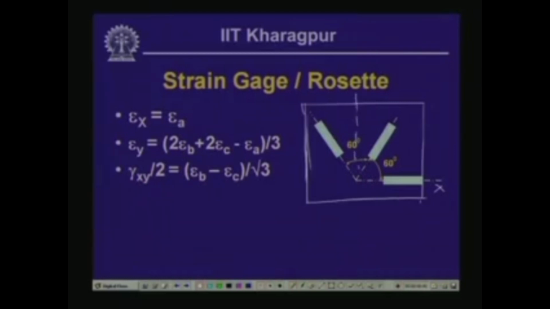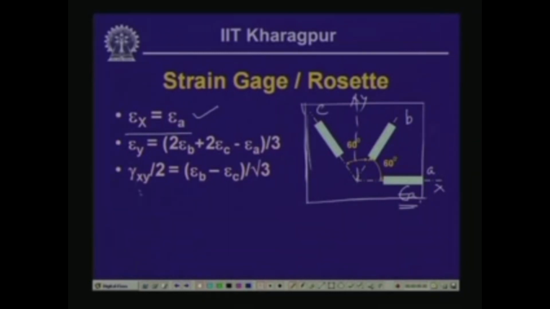Now, this is the reference x axis, and here the y axis is in this direction. So, let us call this direction A, this B and this C. So, as usual, since the strain in gauge A is in the x direction, epsilon x will give us directly epsilon A. Now, here neither gauge is oriented in the direction y, so epsilon y we cannot get directly, and we cannot evaluate the value of gamma xy directly as we have seen earlier.